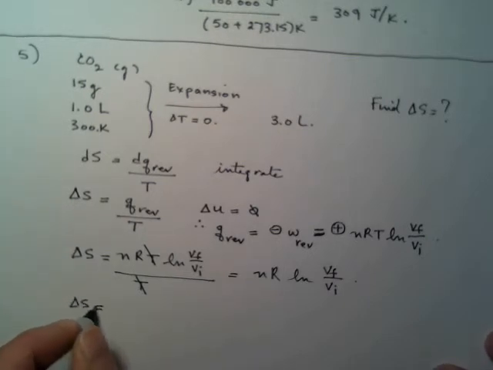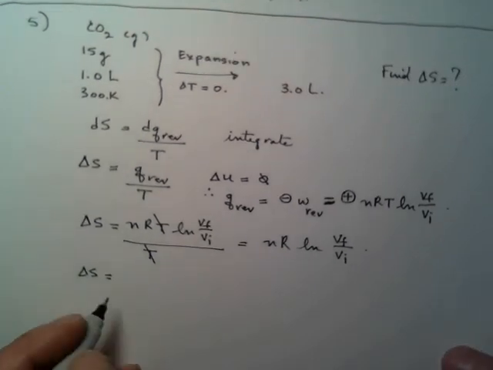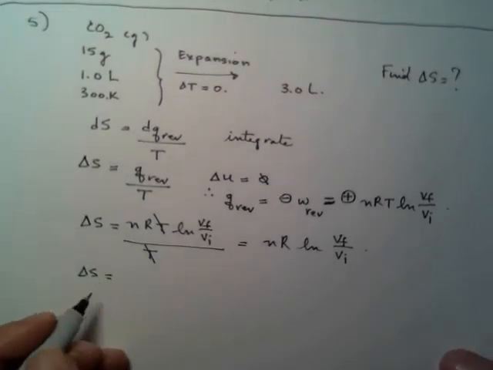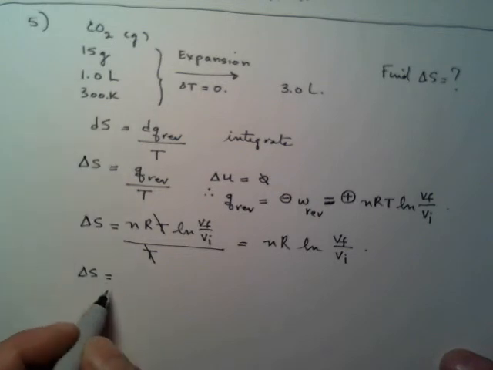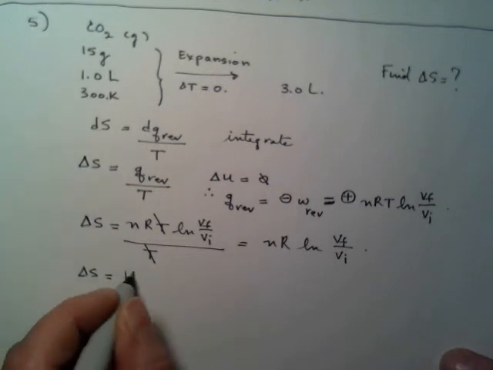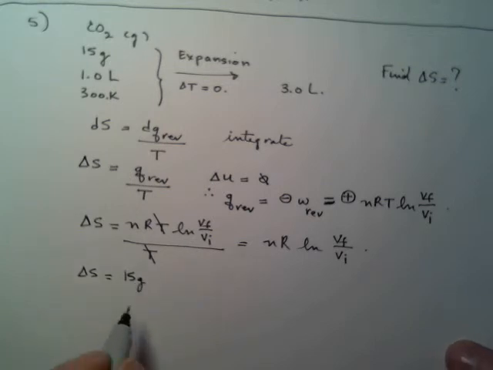So my delta S is equal to my number of moles. I thought it was 15. Yes, it's 15 grams. 15 grams of CO2 times 1 mole of CO2 is, I'm going to use 44 grams because this is just to 2 sig figs as well.